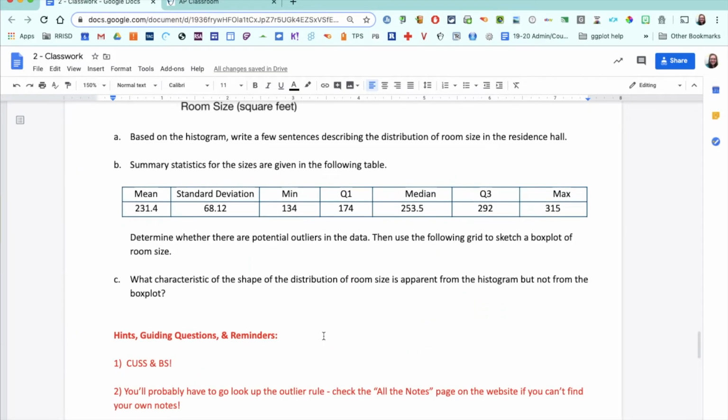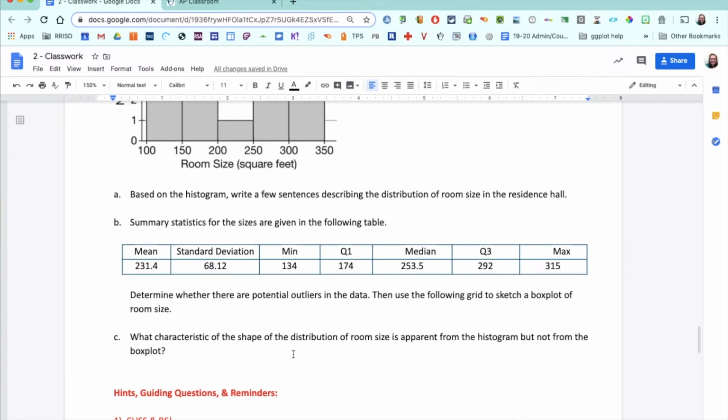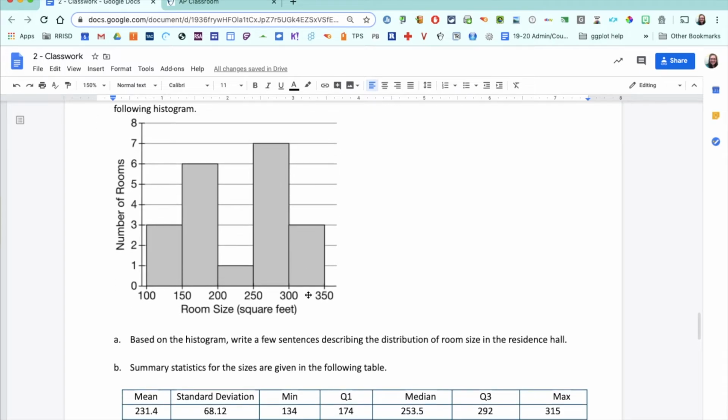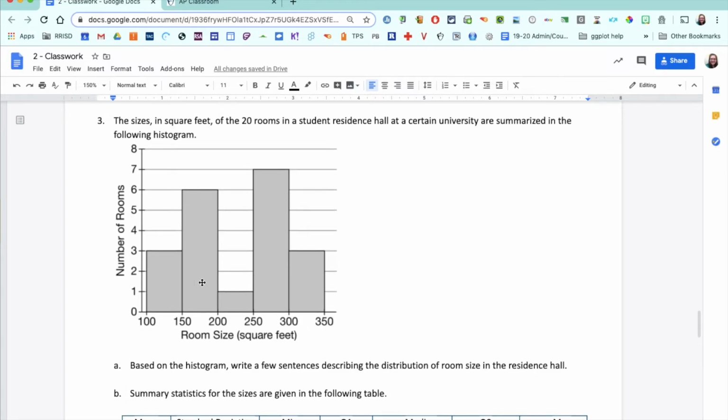So then lastly, part C is asking us what characteristics of the shape of the distribution of room size are apparent from the histogram, but not from the box plot. The biggest thing you have to remember is that a histogram, dot plot, or stem and leaf plot is going to give us information about modes.